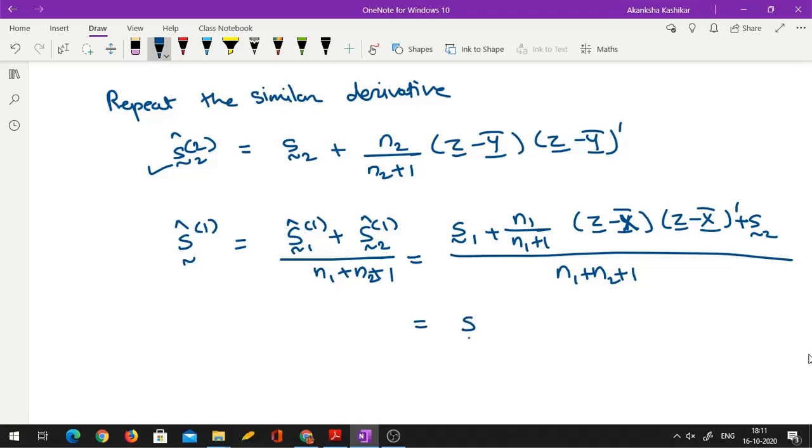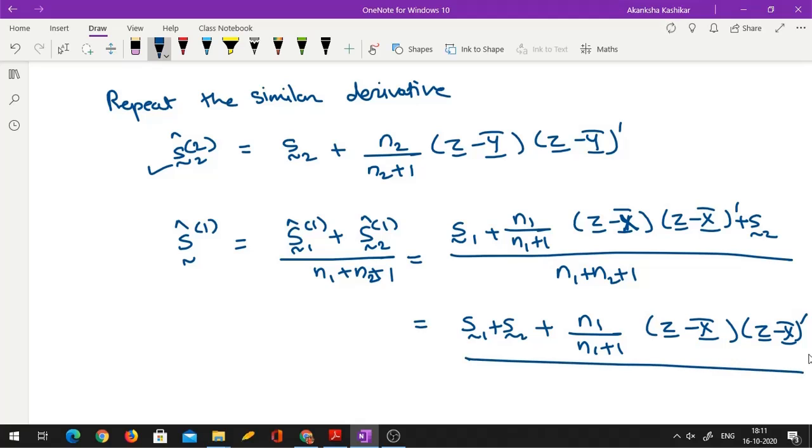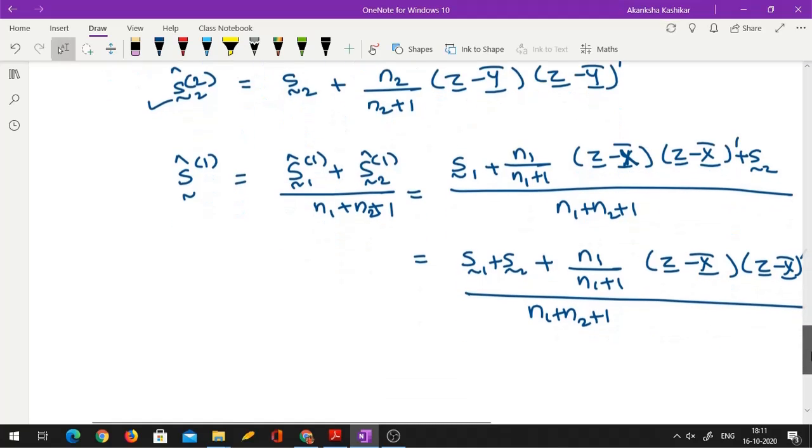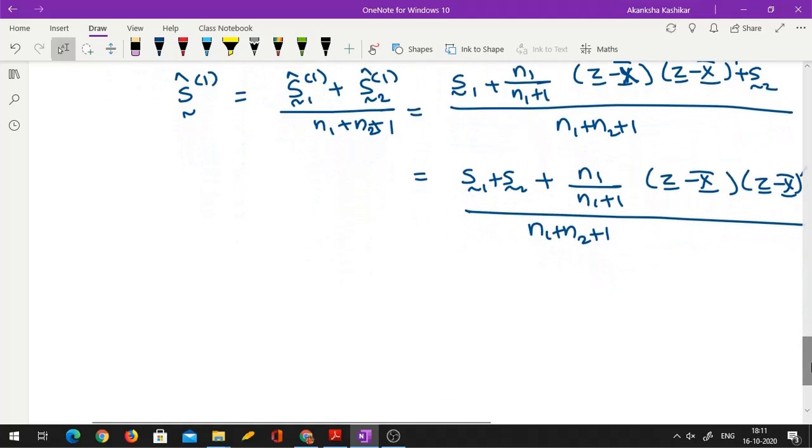So what I have is S1 plus S2 plus N1 upon N1 plus 1 Z minus X bar prime, divided by N1 plus N2 plus 1. Okay. Okay so far?